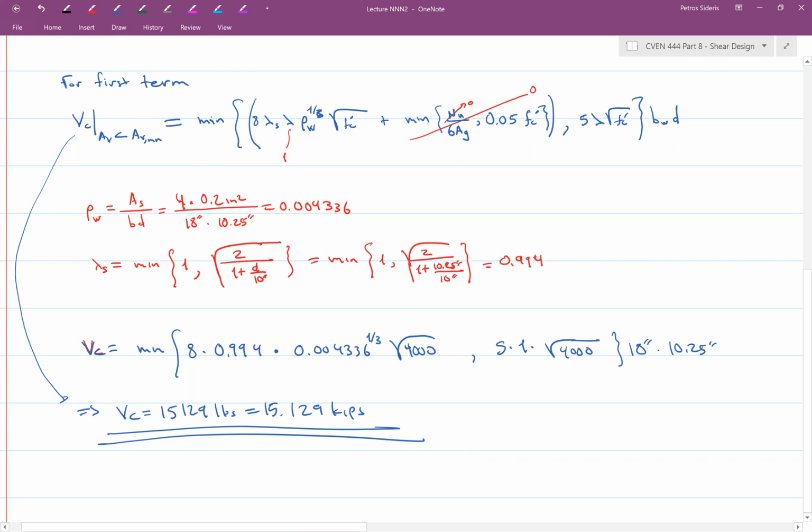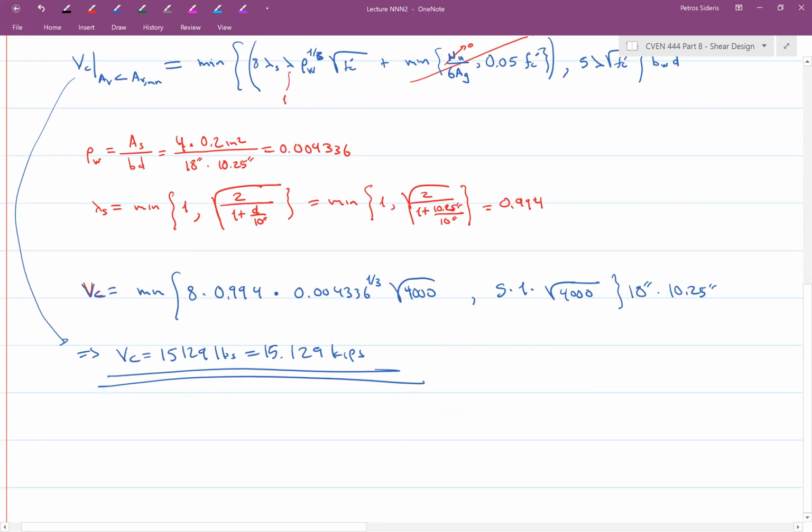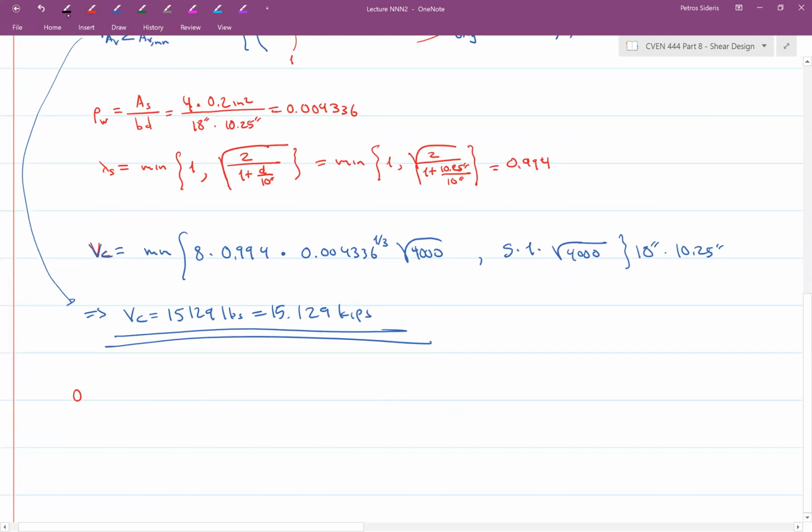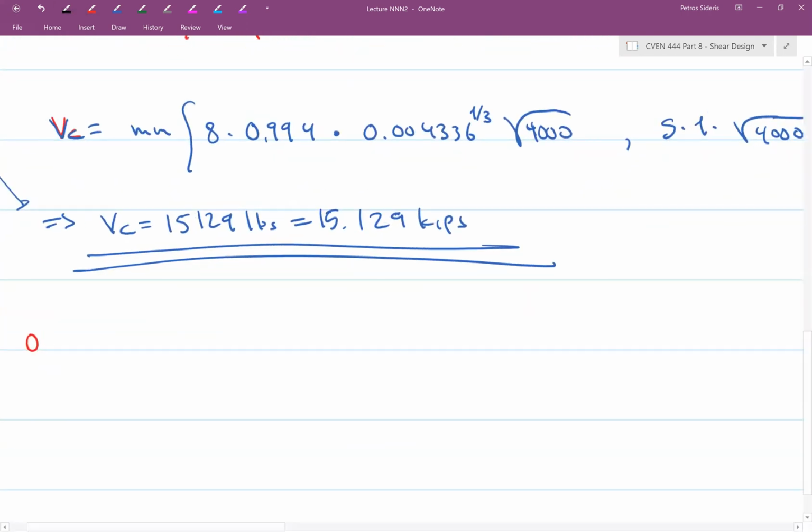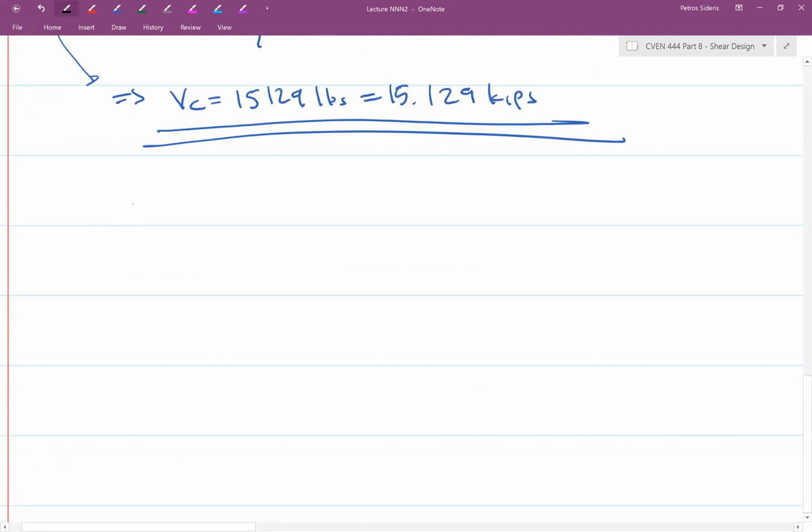Now, taking all those into account, let's see what we have. We have our overall shear strength, phi VN, equals the minimum of phi VC and the second term.